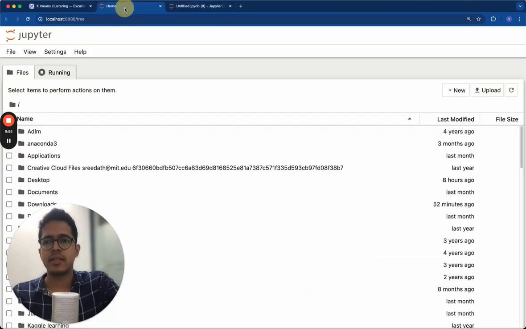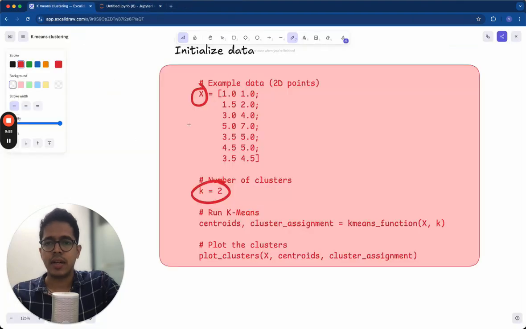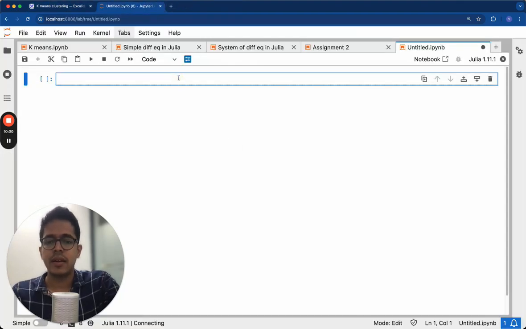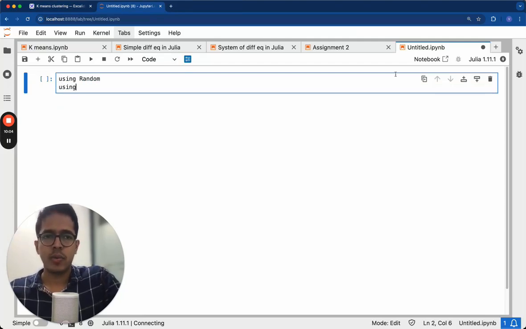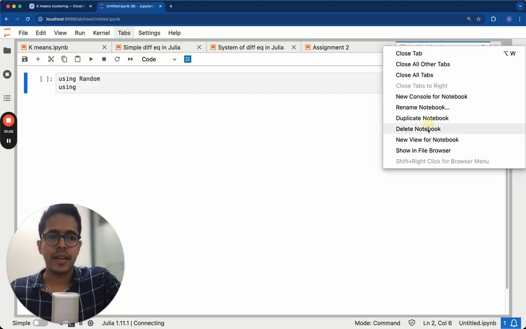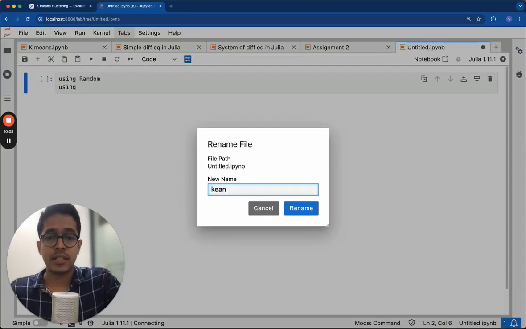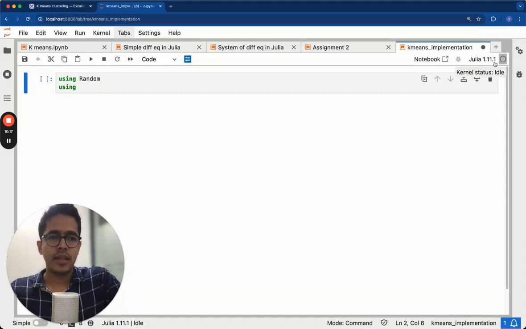So first, let us take all the required packages. We had using Random, if I remember correctly. Oh, one more thing. Maybe we can rename this as k-means implementation. It's not an IPython notebook, so it's not a Python notebook. And one more thing, this has to show Julia.